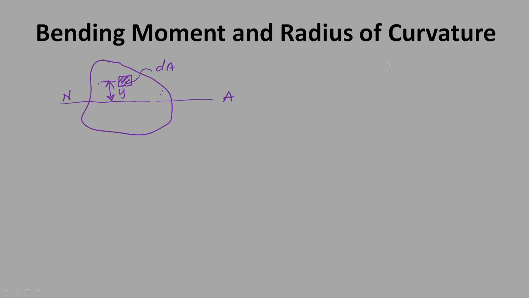Now, as you took a small element dA here, we'll analyze this small element dA and then summarize for the entire cross section of the beam.